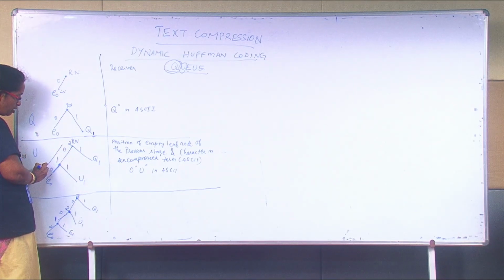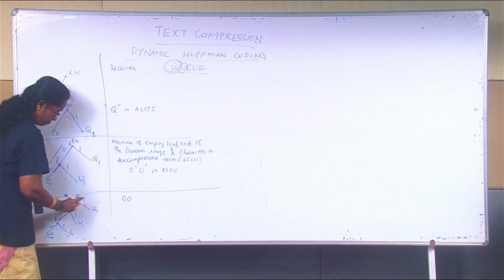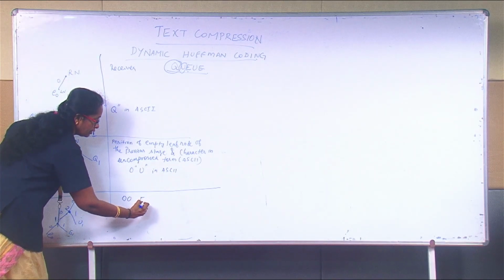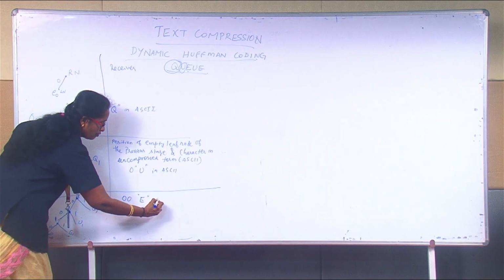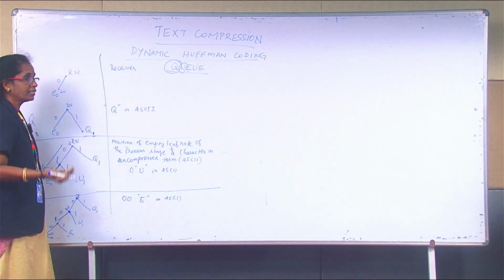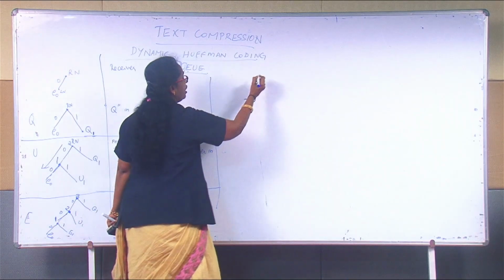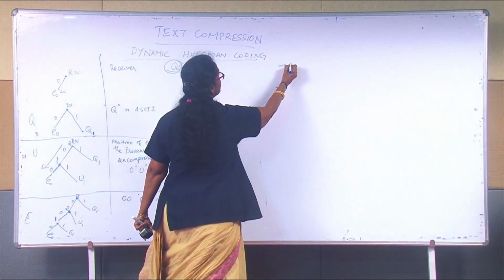I am seeing only the labels assigned to the branches. Therefore, 0 and 0 is the position of the empty leaf node, and the character E in ASCII form. Before proceeding to the next stage, you should find out the weight list. How will we derive a weight list?